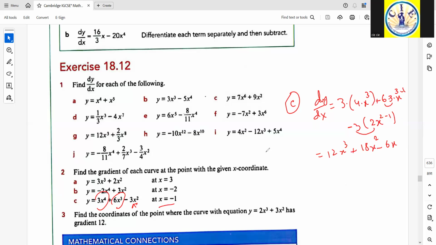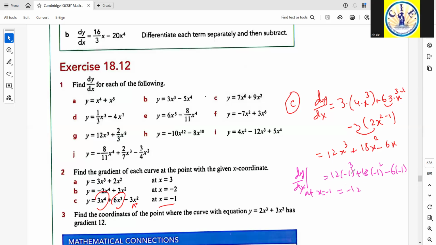Now we need to evaluate it at x is equal to negative 1. So we write down dy by dx at x is equal to negative 1. So 12 times negative 1 to the power 3 plus 18 times negative 1 to the power 2 and minus 6 times minus 1.